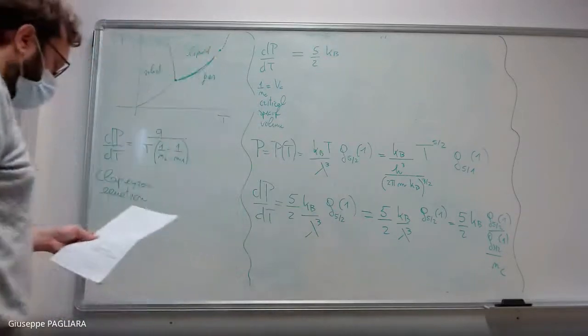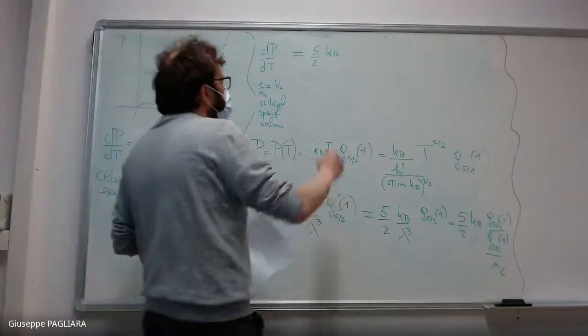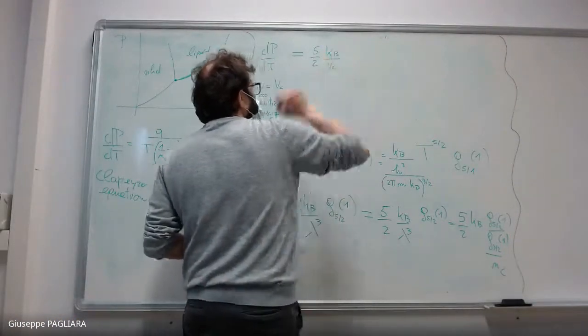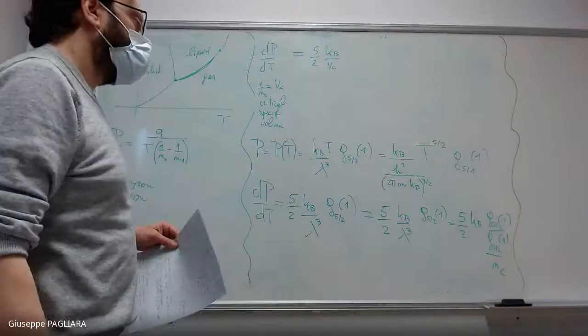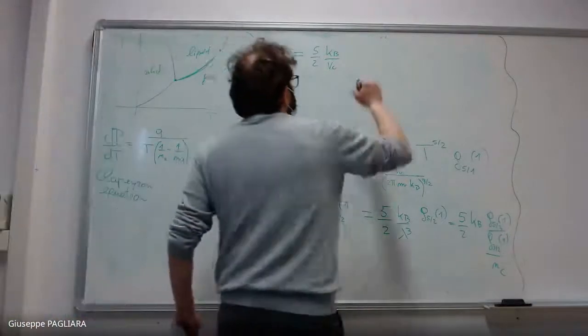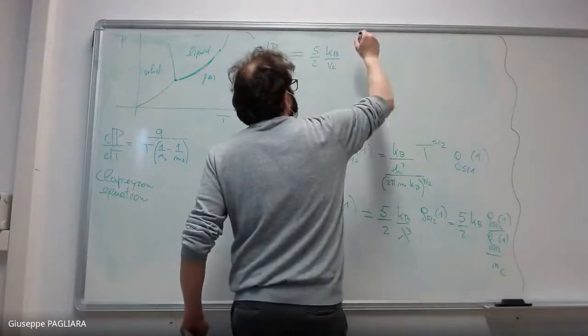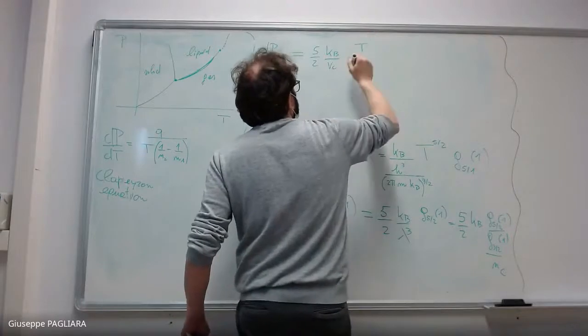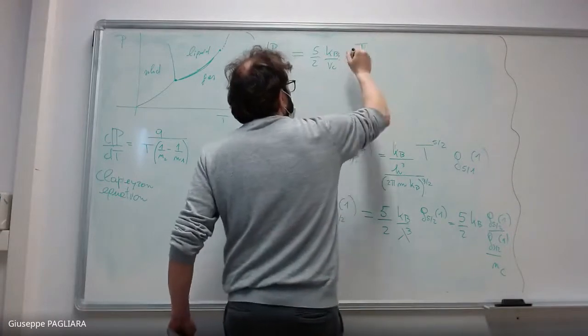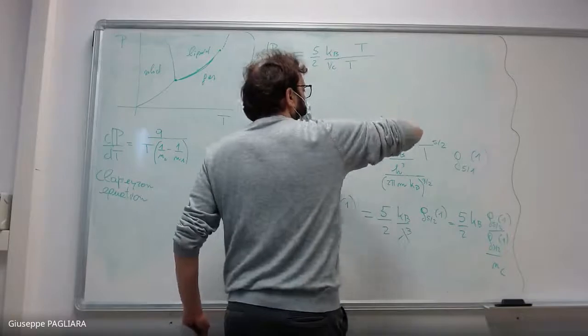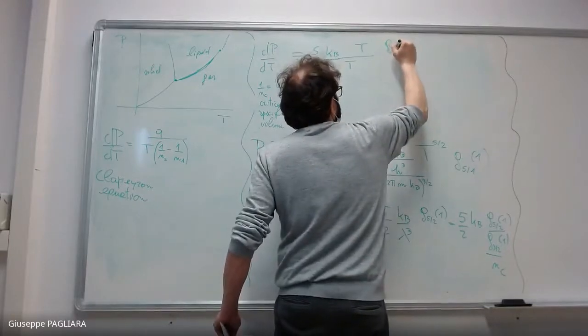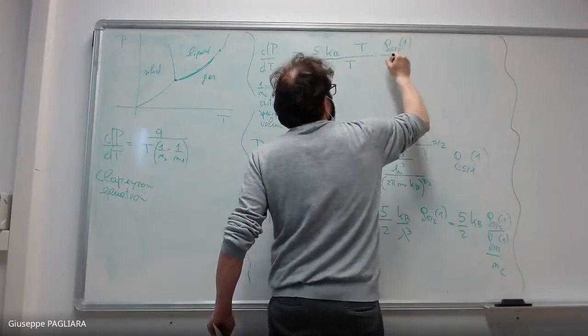Then I have 1 over N_C, so v_C here. And let me multiply by temperature and divide by temperature for a reason that will be clear in a moment. And then I have g_{5/2} of 1.